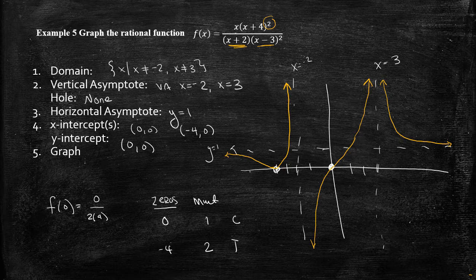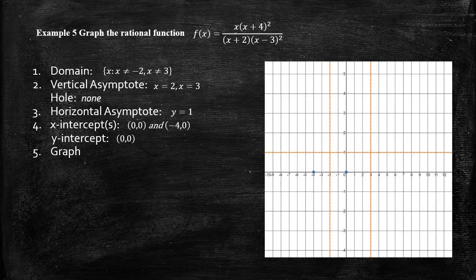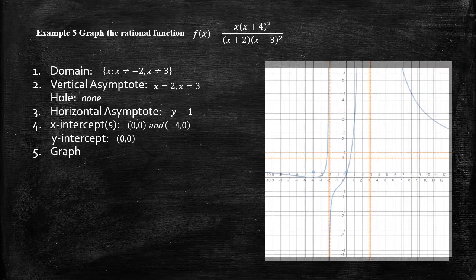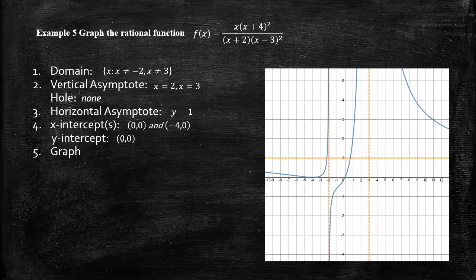So I knew that I had to be above this horizontal asymptote going off to positive infinity. Okay, so here's our graph with the vertical asymptotes and our x-intercepts plotted. And here's the graph drawn on Desmos.